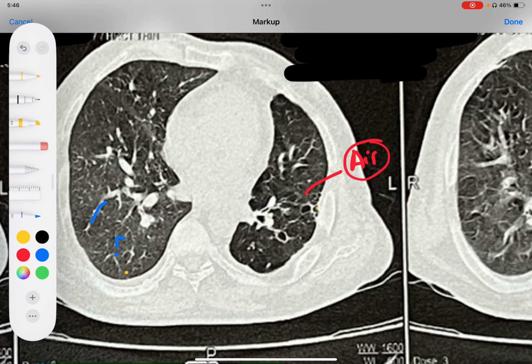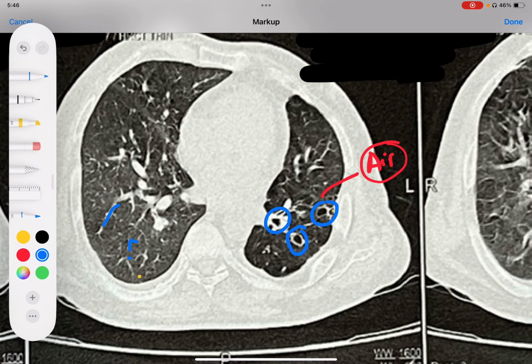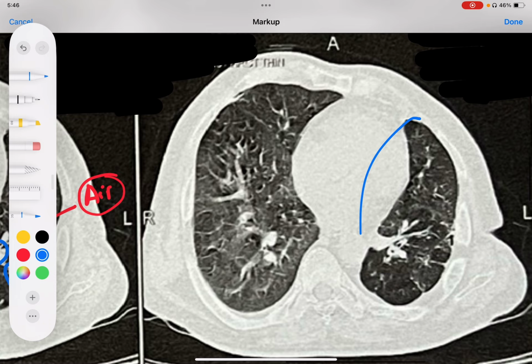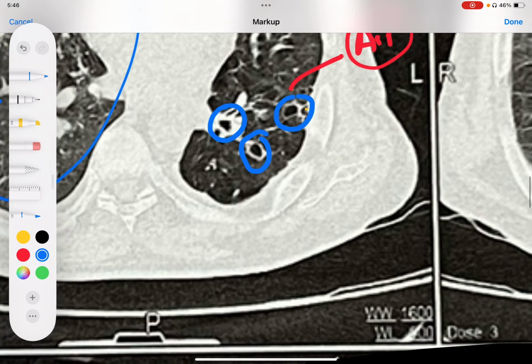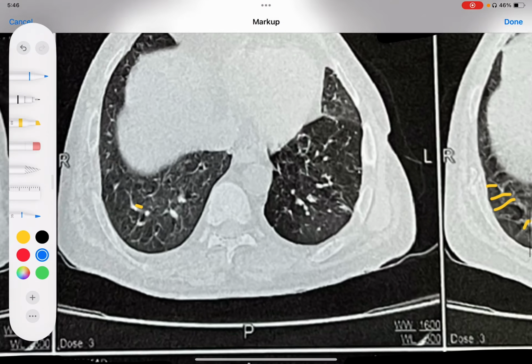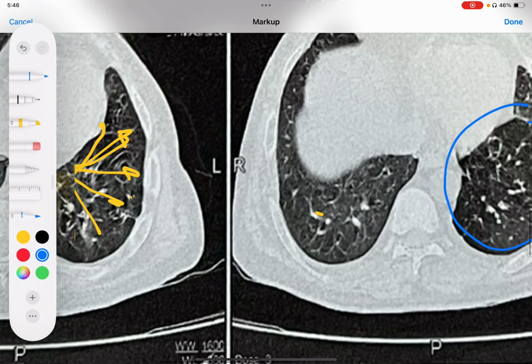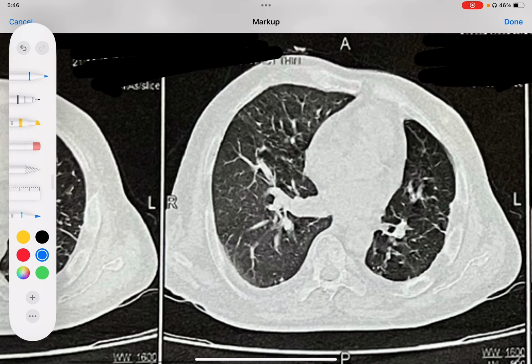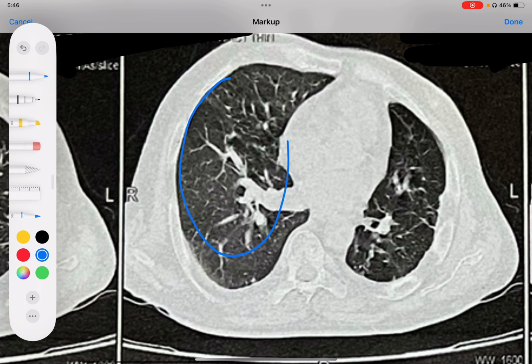So this is bronchi. So you must be wondering why this bronchus is this prominent, and why large bronchi like this are not visible elsewhere.